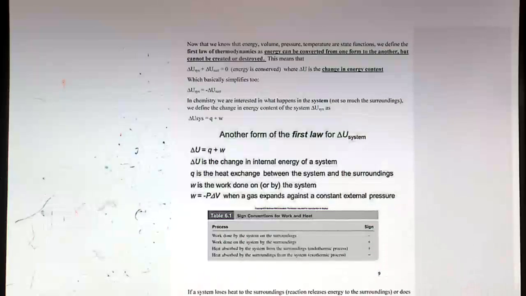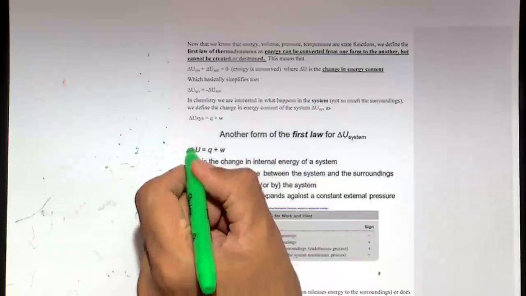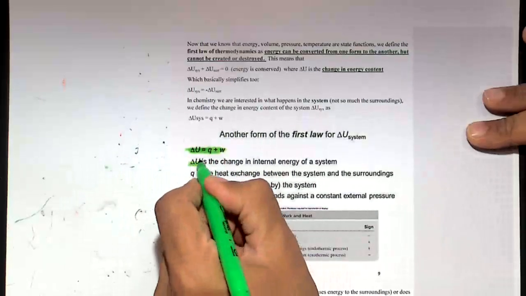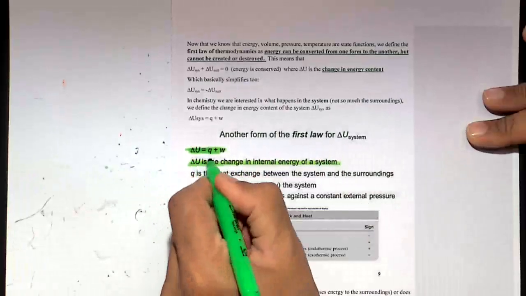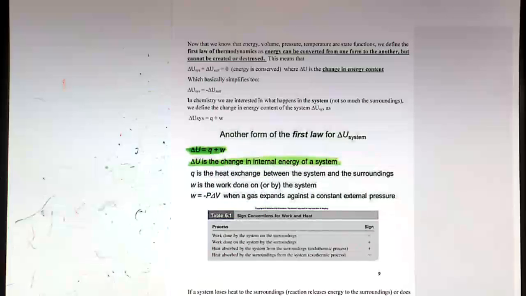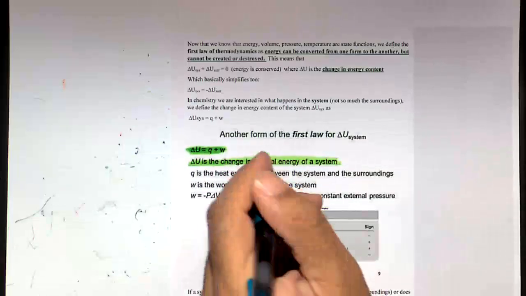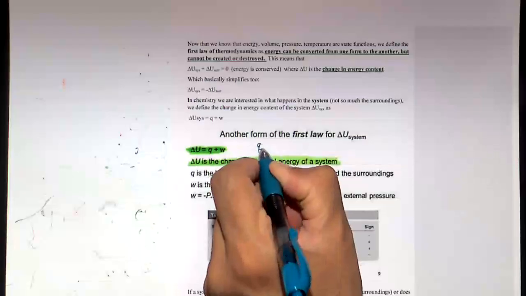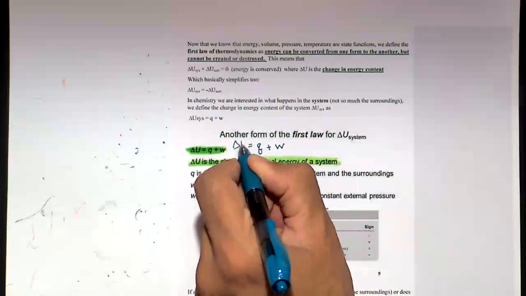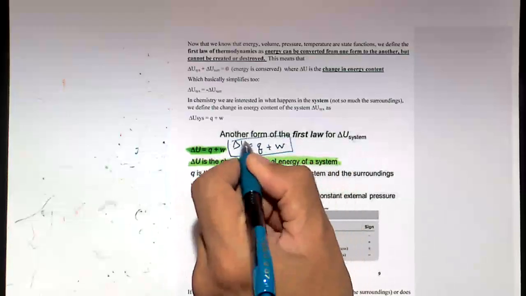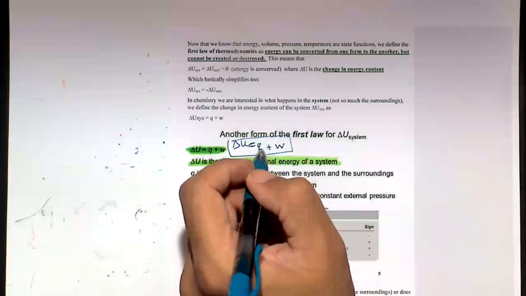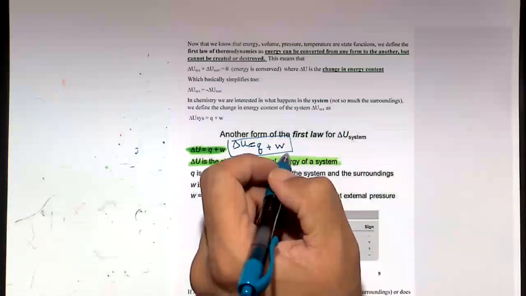Sometimes we have the change in energy of the system as delta U, the change in internal energy of the system. The internal energy of the system has inputs from Q and W. The system will take in heat or release heat.